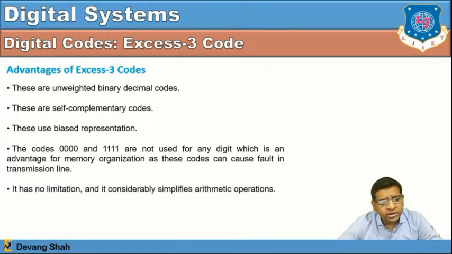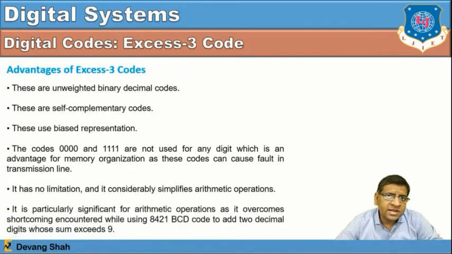It is considered to simplify arithmetic operations. So we are using this excess 3 for arithmetic operations. It overcomes the shortcomings encountered using the 8421 code. So in any arithmetic operation like addition, subtraction, multiplication, division, you can use this excess 3 directly by just adding plus 3, and you can overcome the confusion.